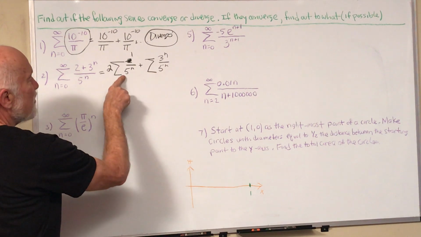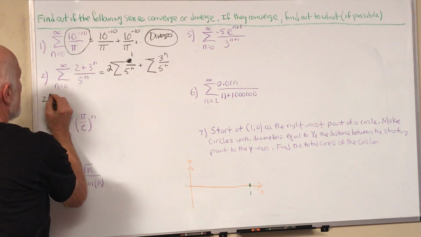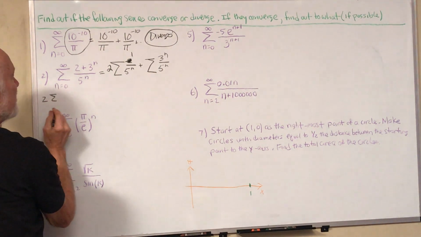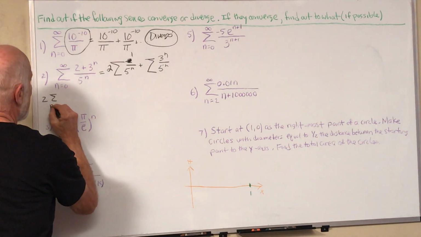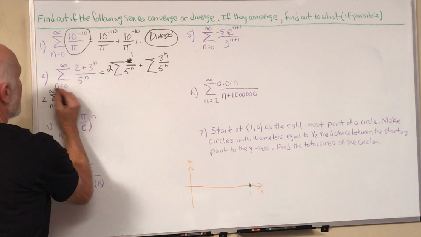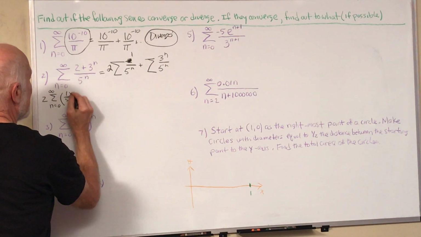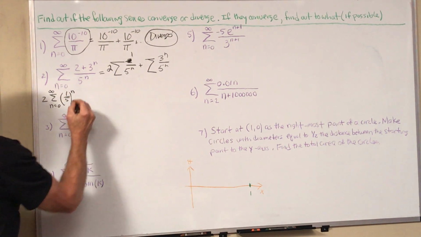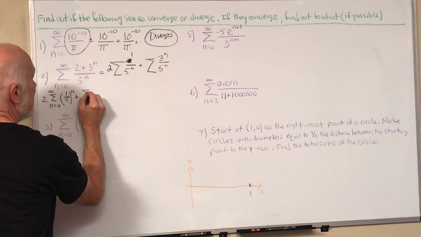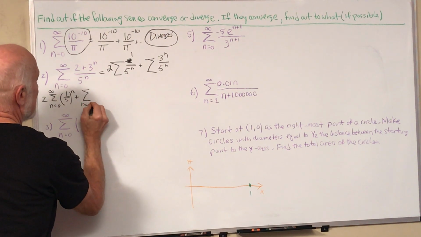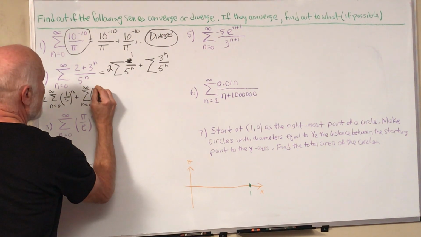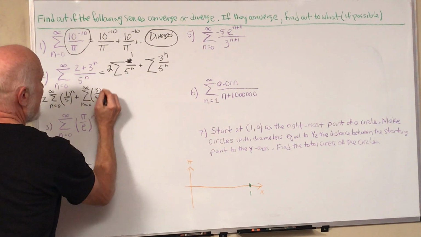And if you look at these closely, what we have is geometric series. So this first one is 1/5 to the n, and the other one is 3/5 to the n.